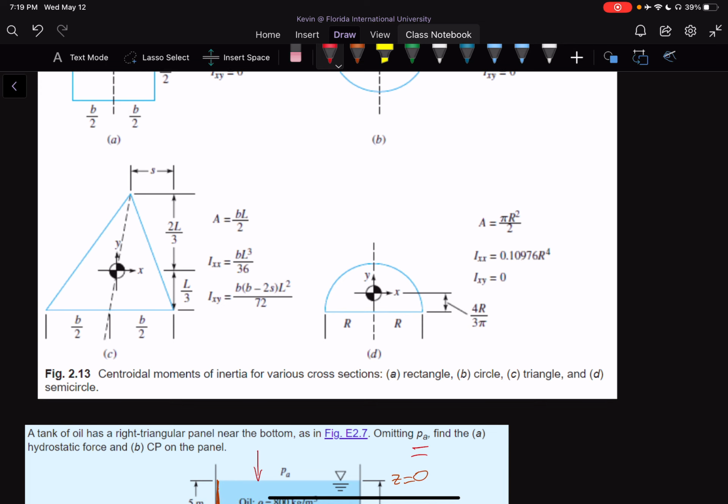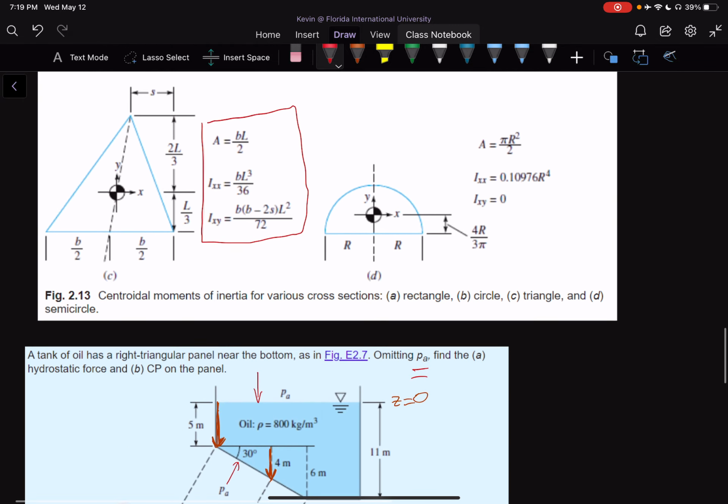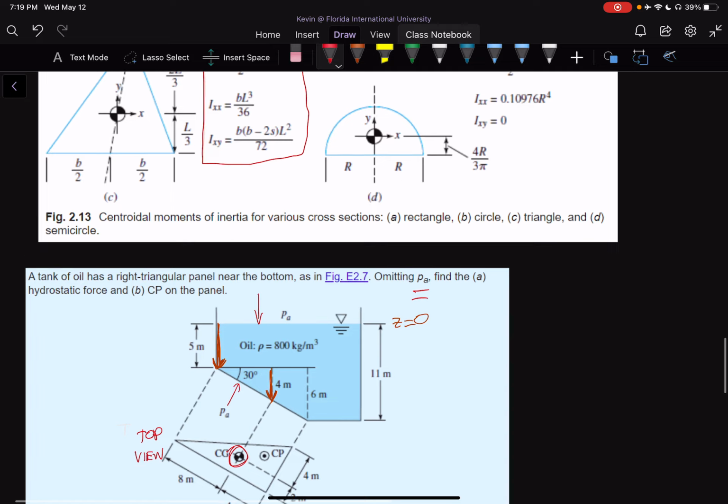So from the equations above, for a triangle, we're just going to use these equations and figure out what IXX and IXY are. Okay, you can see the triangle is a little bit different here, but it's pretty much the same thing. You can just use the same type of idea.